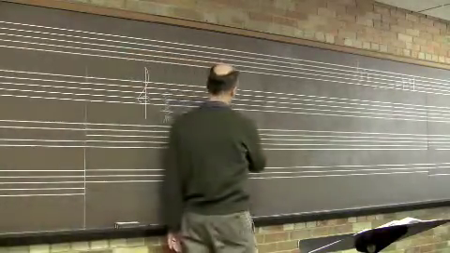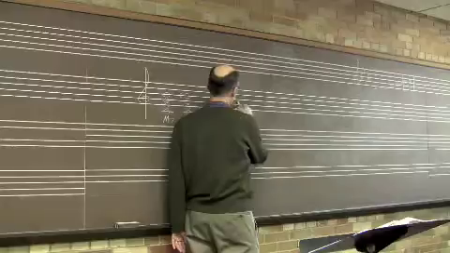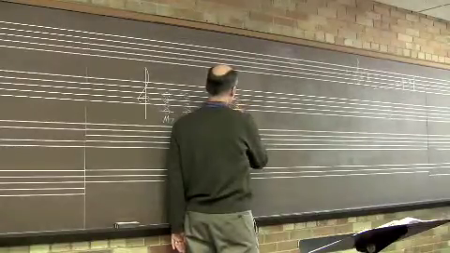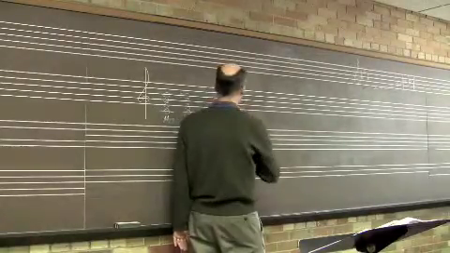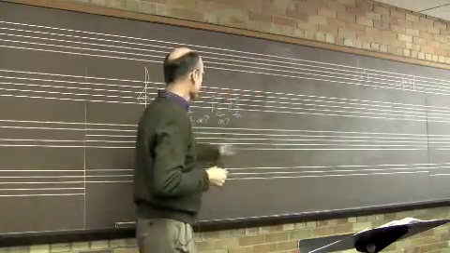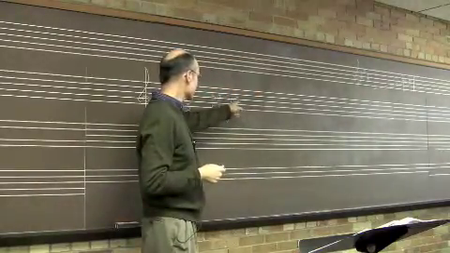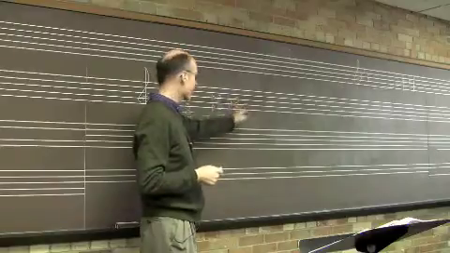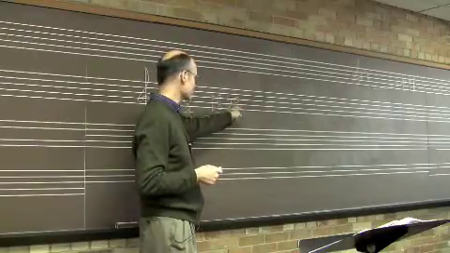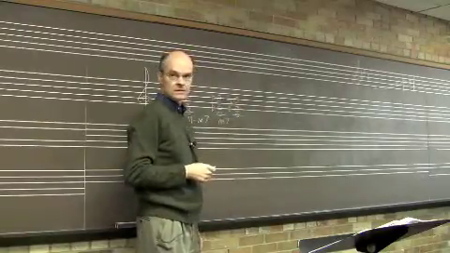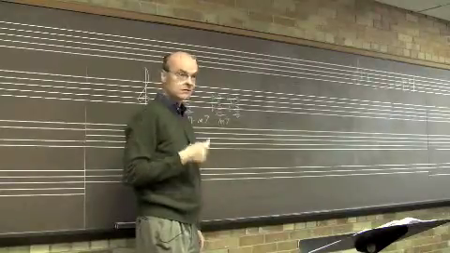Okay, the next one. Now we've got C, E flat, G flat, B flat. What quality of triad is C, E flat, G flat? Diminished.